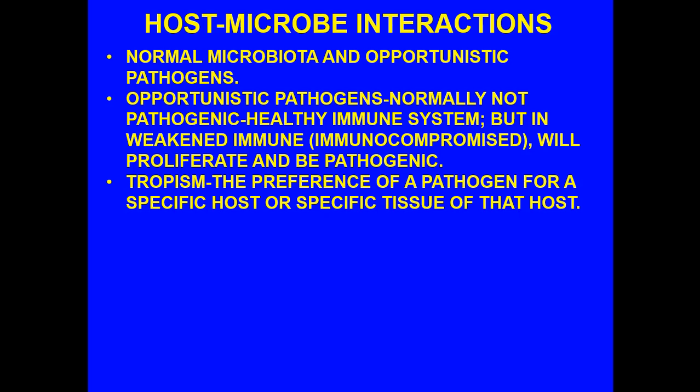Now, tropism, remember that's a term. It's a preference of a pathogen for a specific host or a specific tissue of that host. When we're talking about COVID-19, first it was in bats, then it shifted into a host that could be human. In the beginning, we thought it was specific just for the lungs, the respiratory system, but now we find that it is also present in the gut and can be shed in feces, etc. And these are things that happen.